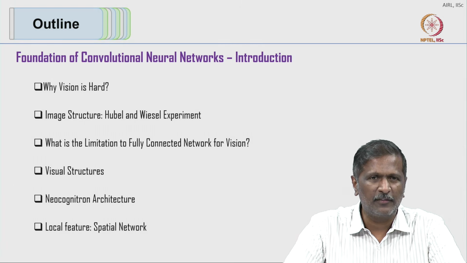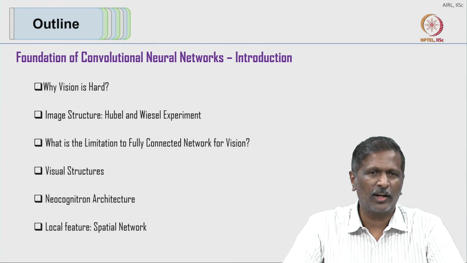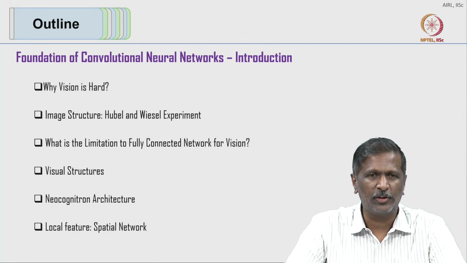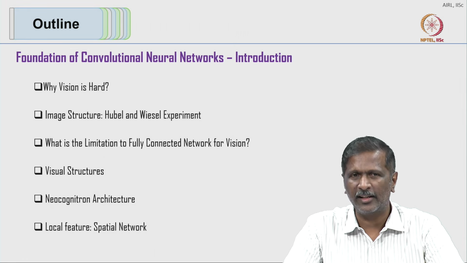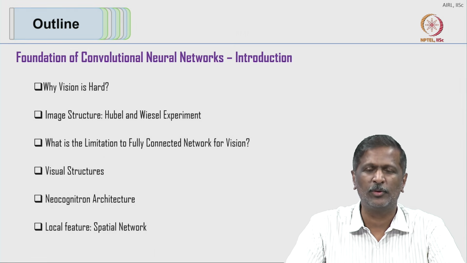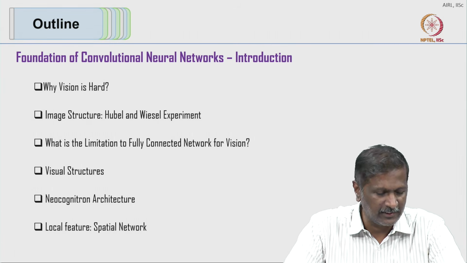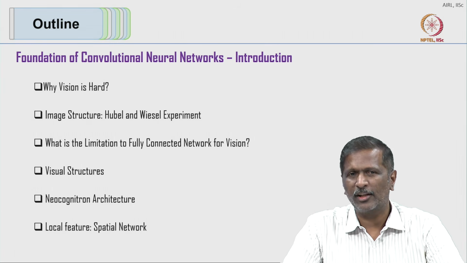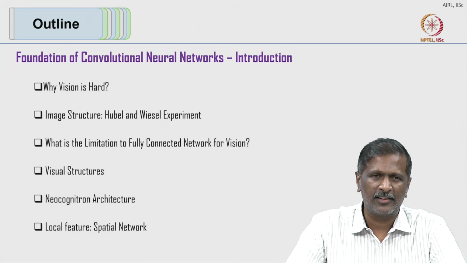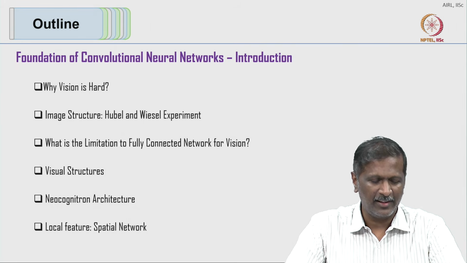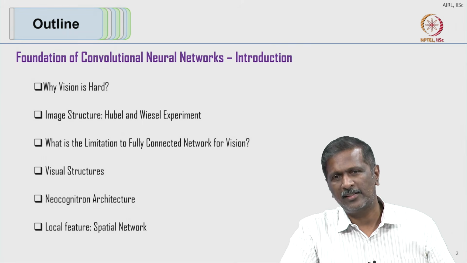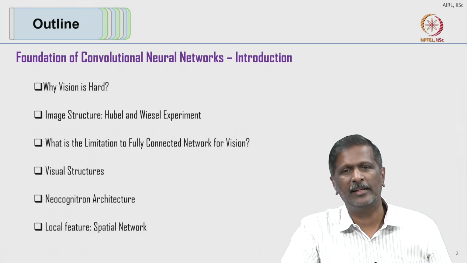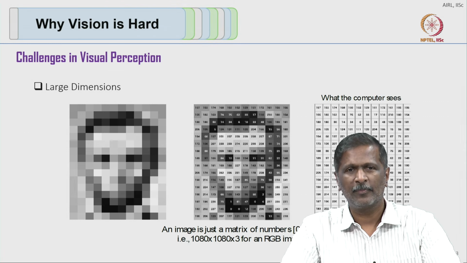Then we bring in the visual structure. Then we talk about a classical architecture called the Neocognitron to see how close it is to the human visual cortex. And then we also talk about a very important feature, local features, and the spatial structure which is present in processing visual data, right?